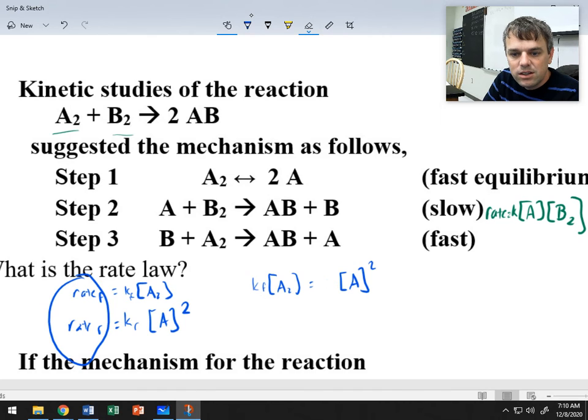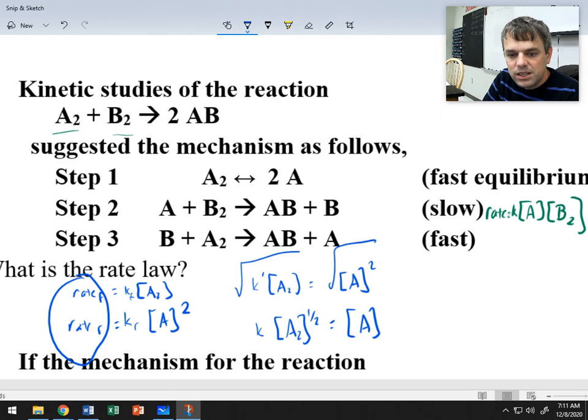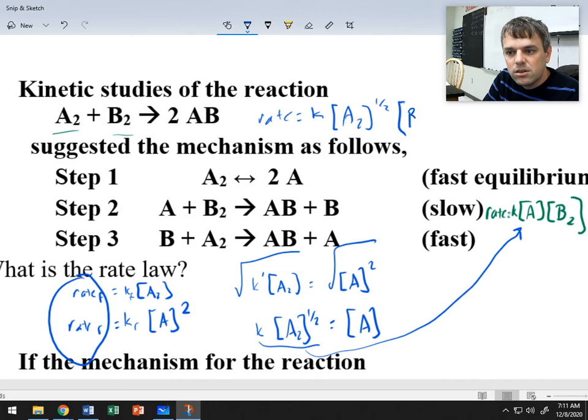That's going to give us kf over kr, which is essentially a new constant, k prime. And then we take the square root of those. The square root of a constant is yet another constant times A2 to the 1/2 power, and that equals A. So now we will take this and plug it into our rate law for A, which gives us that rate equals, well, a constant times a constant is another constant, times A2 to the 1/2 power times B2.